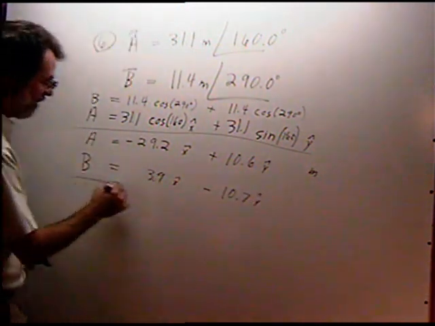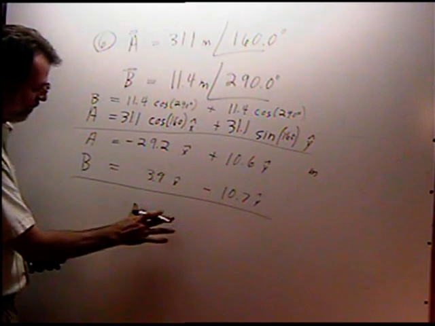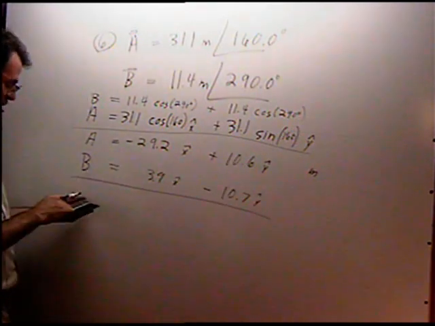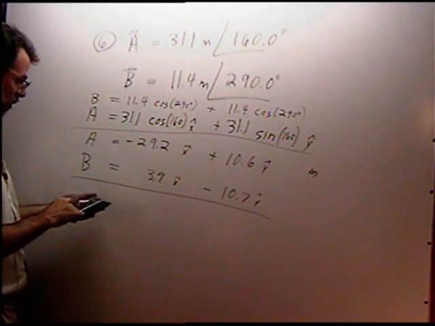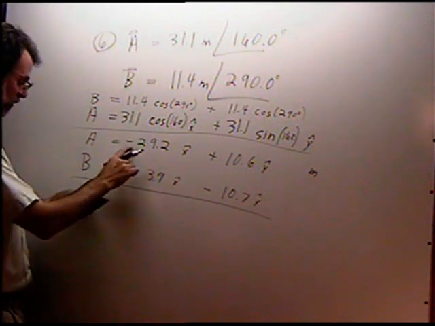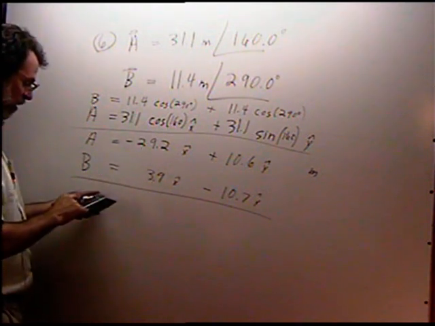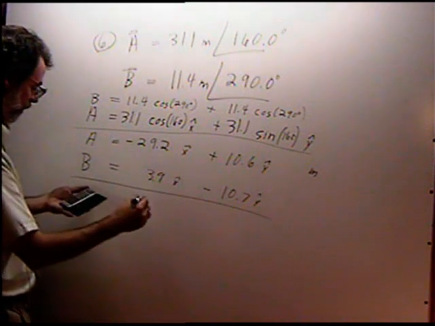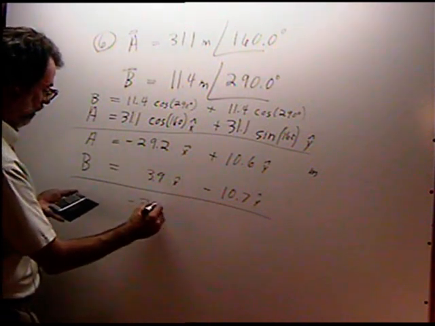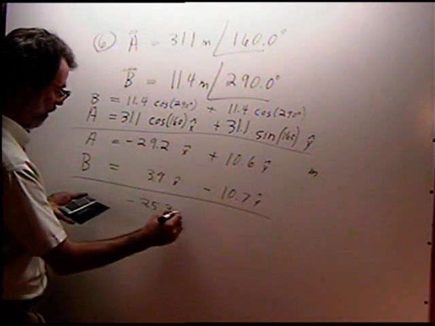So we simply add these up. We add the x components and we add the y components. So we have a negative 29.2 plus 3.9, and we get minus 25.3 in the x.